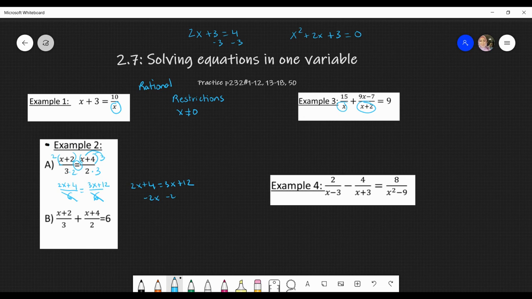Subtract 2x, and I get 4 equals x plus 12. Subtract 12, and I get x equals negative 8. When I get a solution, I always have to check my restrictions. In this case, in example 2, there are no restrictions because the denominator does not have any variable in it. So 2 is guaranteed not to be 0, and 3 is guaranteed not to be 0.